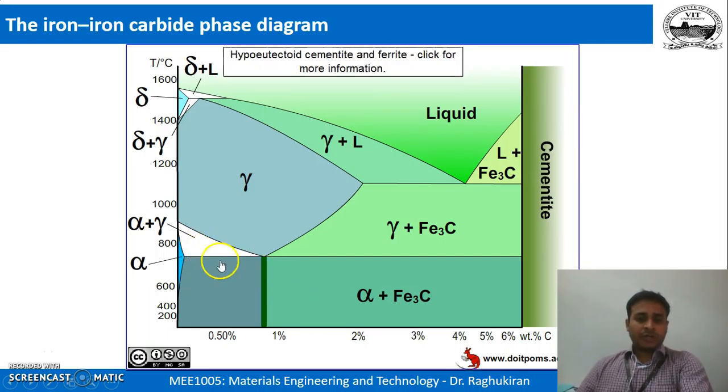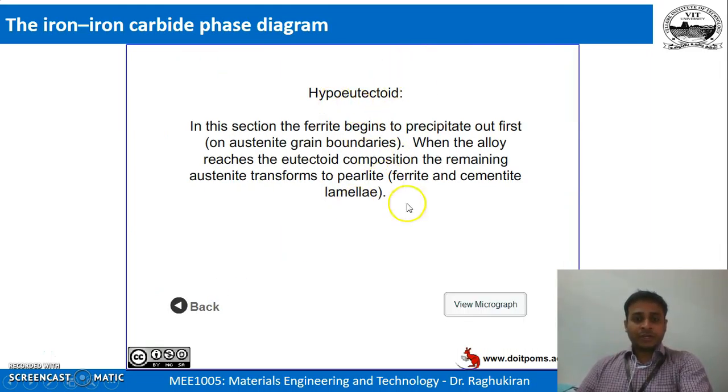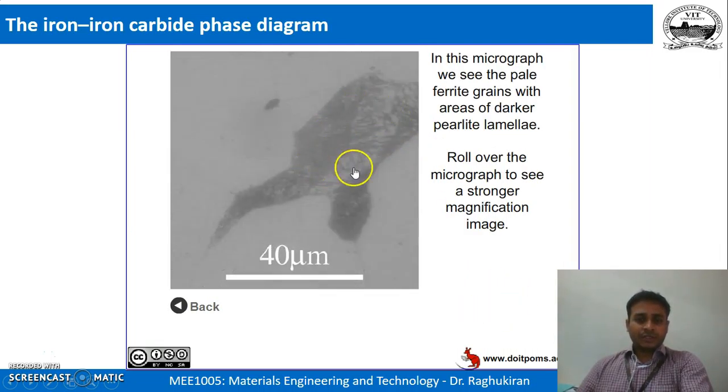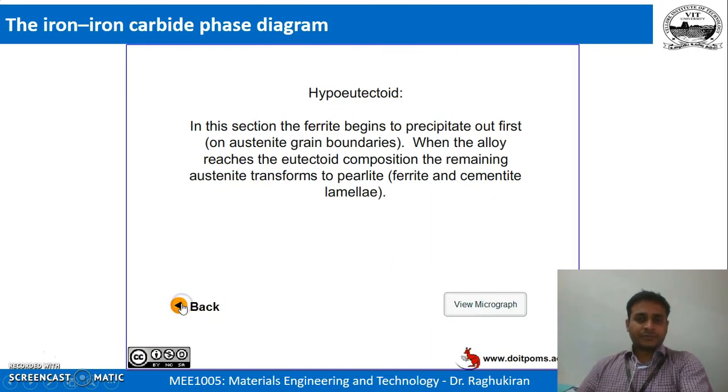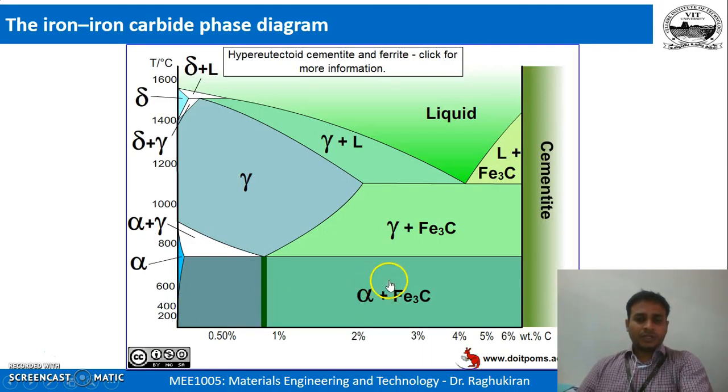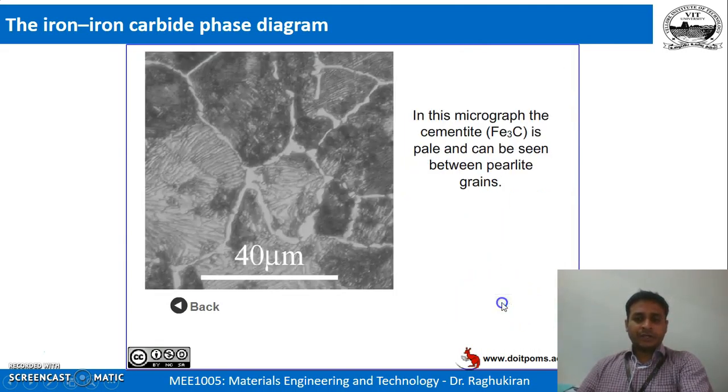You can see the lamellar structure as well as the ferrite. Similarly, if you want to see the microstructure of hypereutectoid steel, you can see at the grain boundaries you have cementite and the pearlite within the grains.